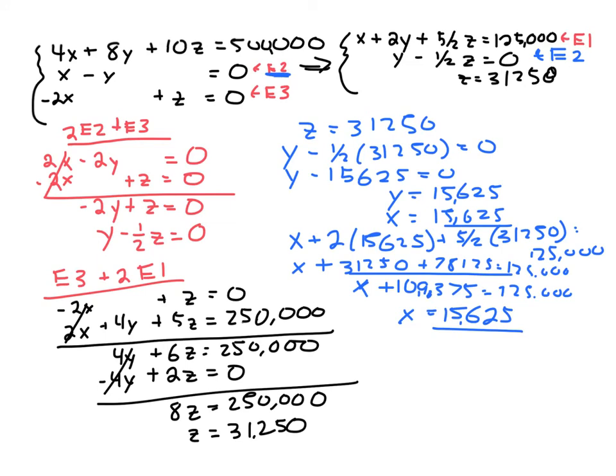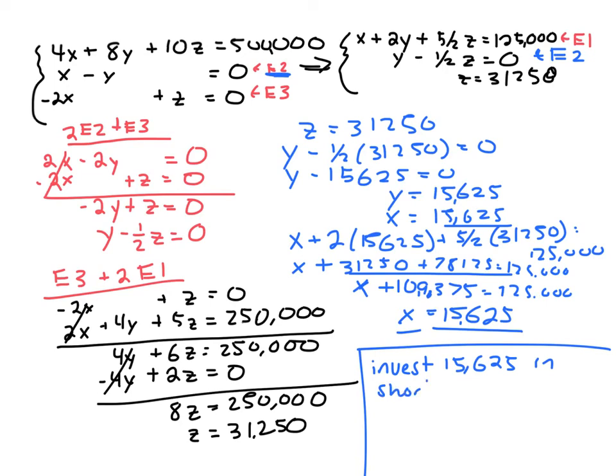Okay, so now I just need to write my conclusion. This is a word problem, so I need to make sure I've answered the question at the end of the day. So how much do I need to invest in each type of bond? So we're going to say invest 15,625 in X, which was short term, and Y, right? X and Y are the same thing.